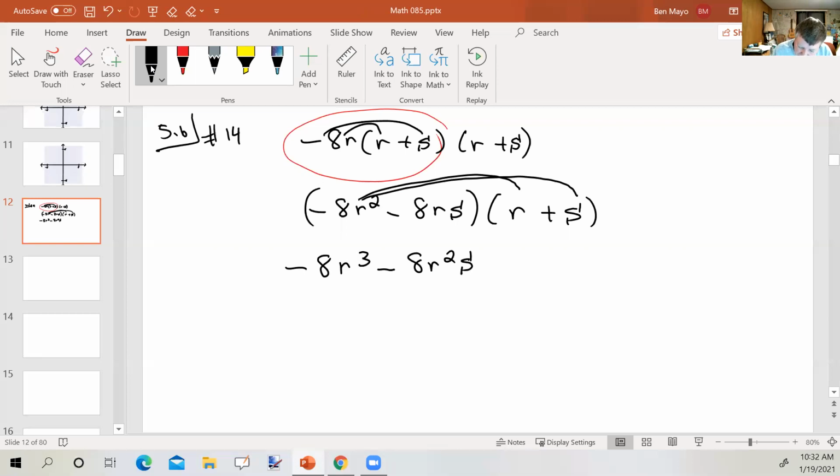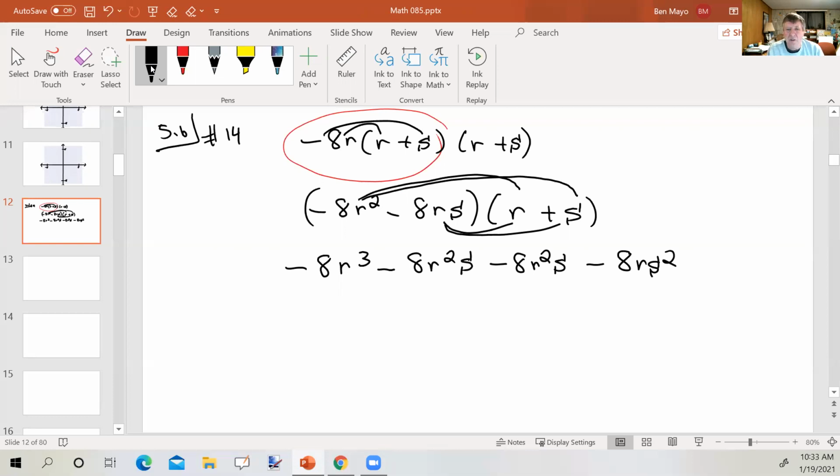Next, negative 8rs times r, which is negative 8r squared s. And then negative 8rs times s, which is minus 8rs squared.